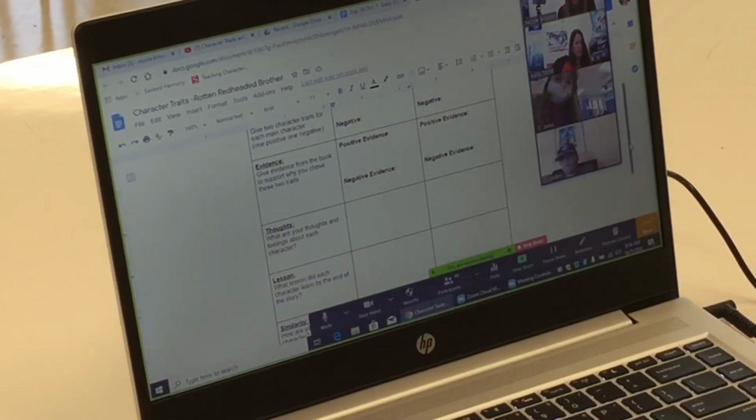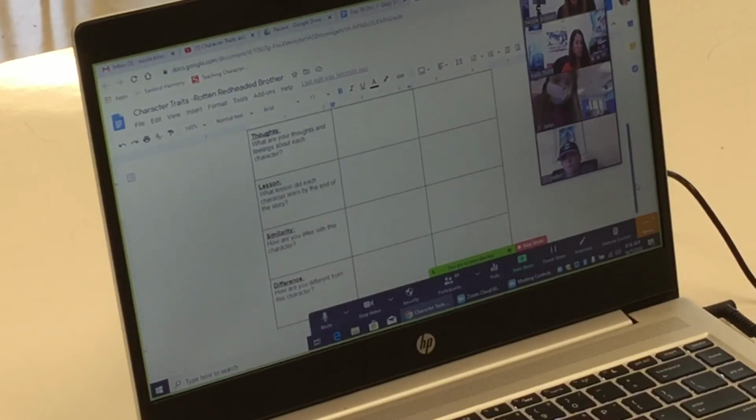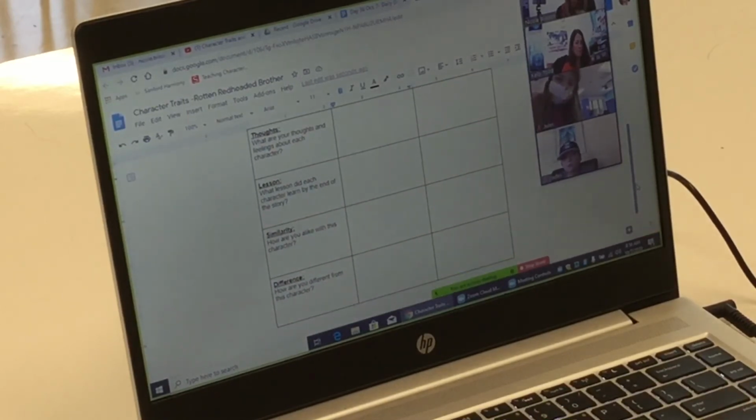And then the last 2 are similar and different. So similarity, how are you alike with this character? So how are you and Richie alike? And how are you and Trisha alike? Okay? Also, we do not want to hear I am like her because I'm a girl, or I am like him because I'm a boy.